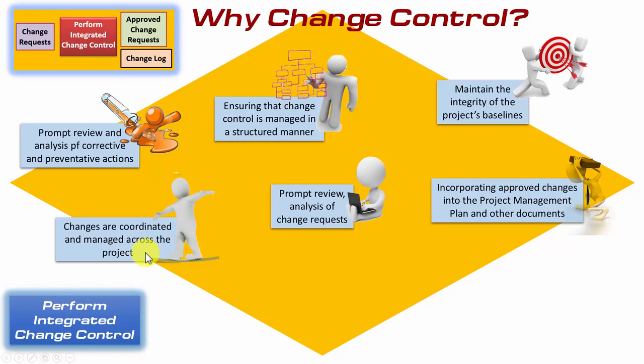Well, just thinking it through, if you change the size of the tyres, you may have to change the size of the wheel arch within the chassis. You may have to modify the suspension. Because of different sized tyres, you may have to change the ratio of the gears, and so on and so forth. So that's why this process is called integrated change control, so that changes are indeed coordinated and managed across the whole of the project.